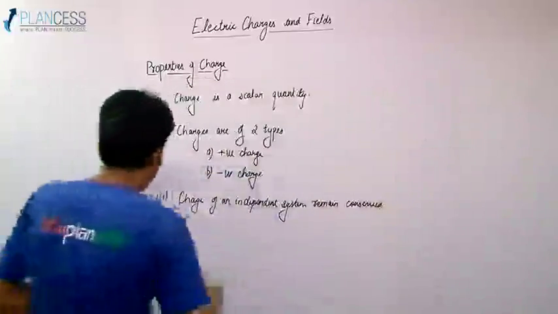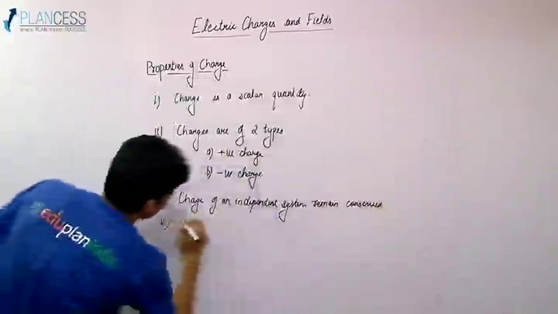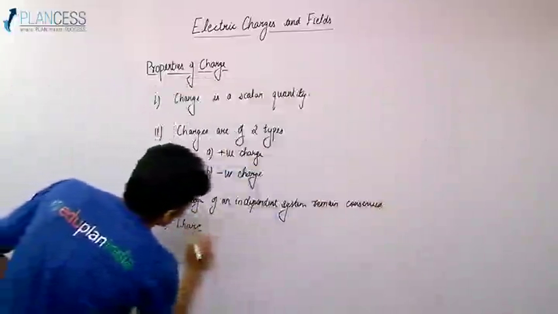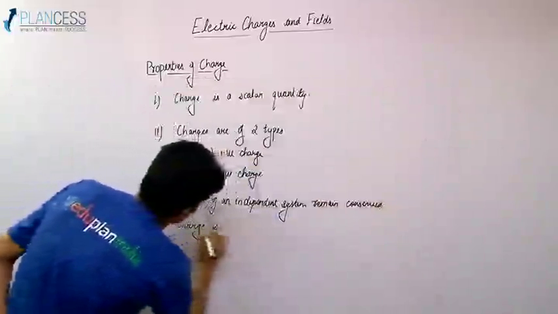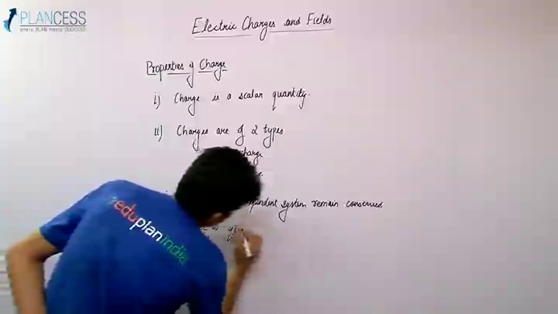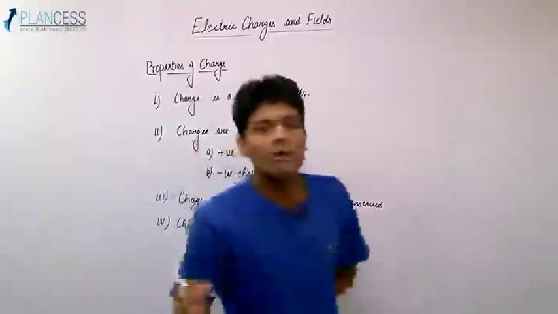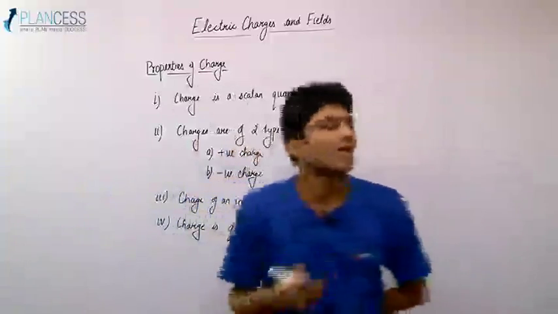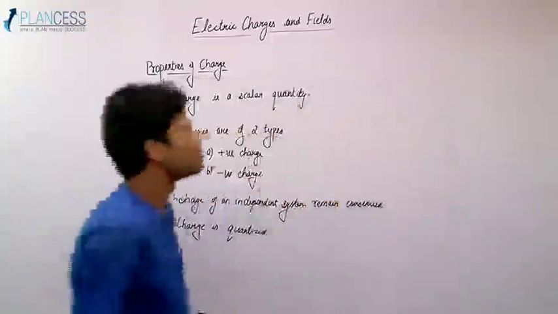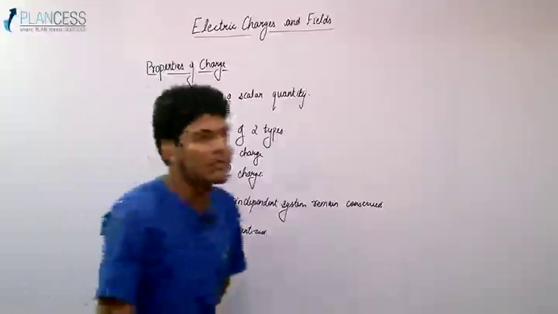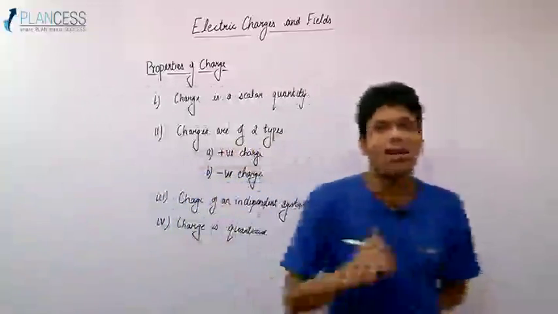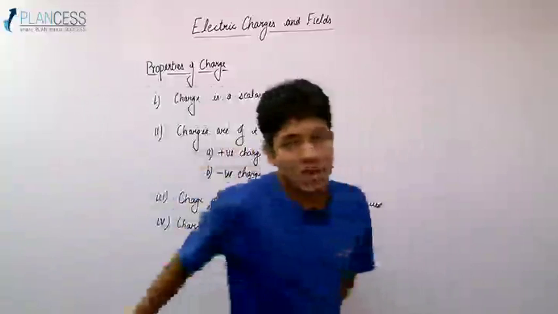And the fourth property is that charge is quantized. So what do I mean by charge being quantized? As I told you, charging a body is nothing but removal or addition of electrons. So charge is quantized.